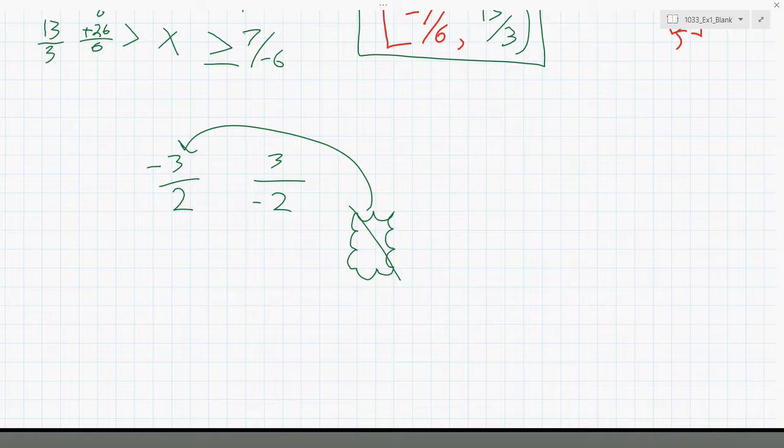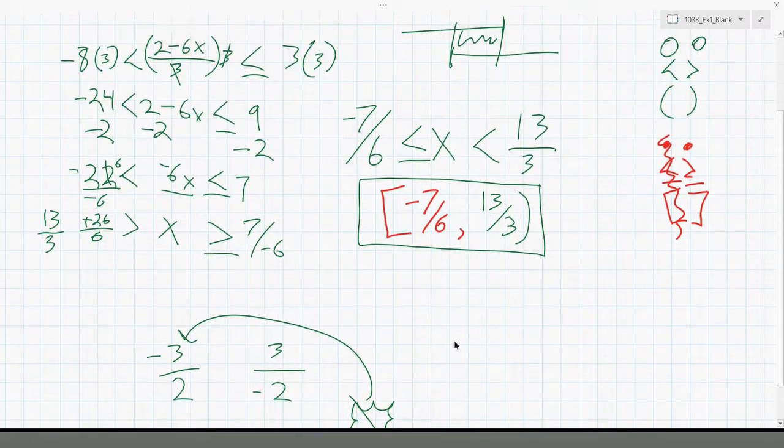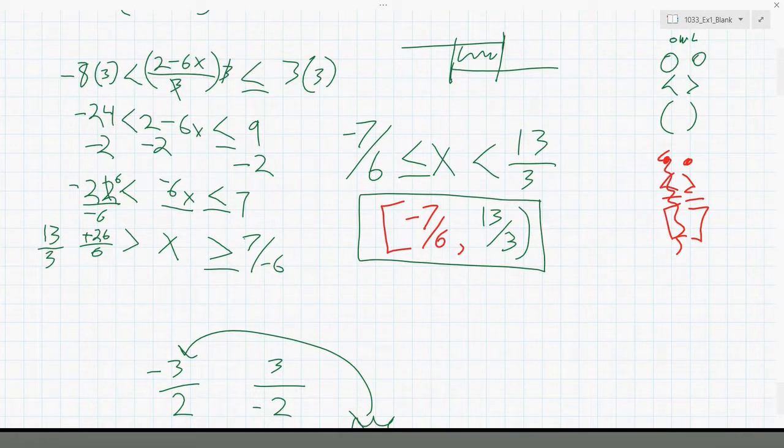But that's the cool thing about lines and how their negativeness works with each other. That's also why rise over run works even if you do it the wrong way. If you mix the points up, you'll just end up with a negative version of your slope, which is still the same slope. But anyways, up to here, this is what our interval notation would look like for this one. And if you drew the graph, you would see those two lines, and they would intersect, and they would look like that little box in the center.